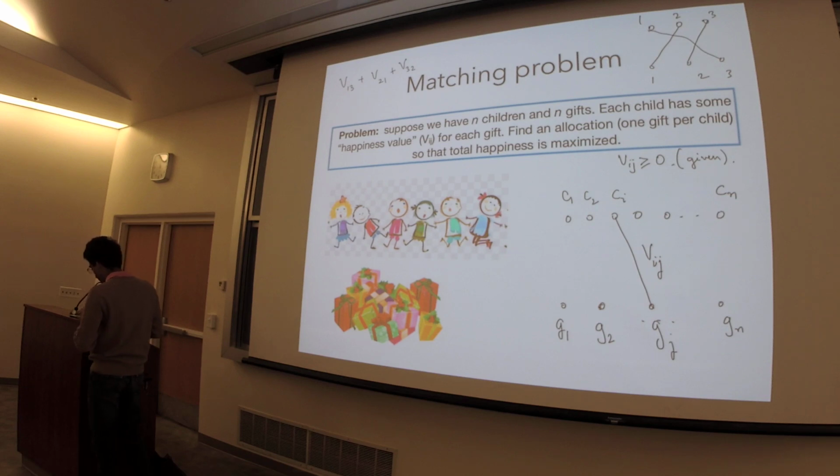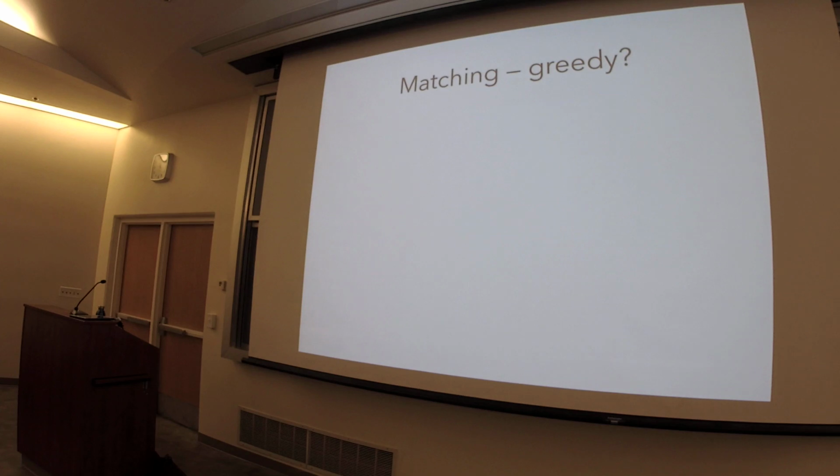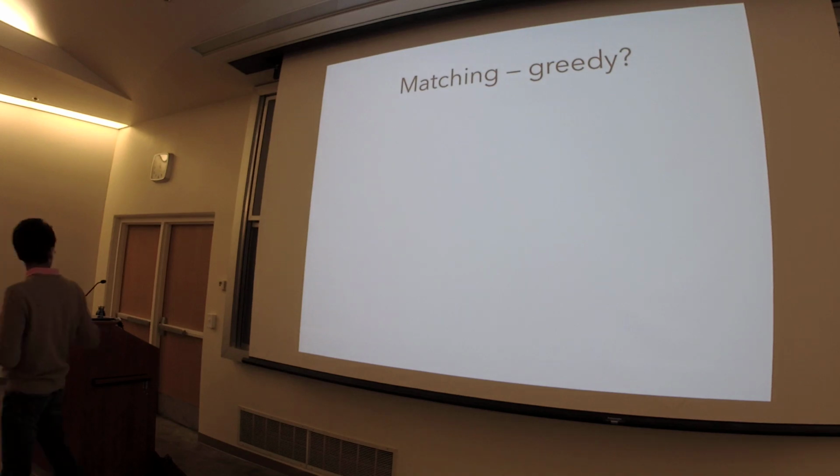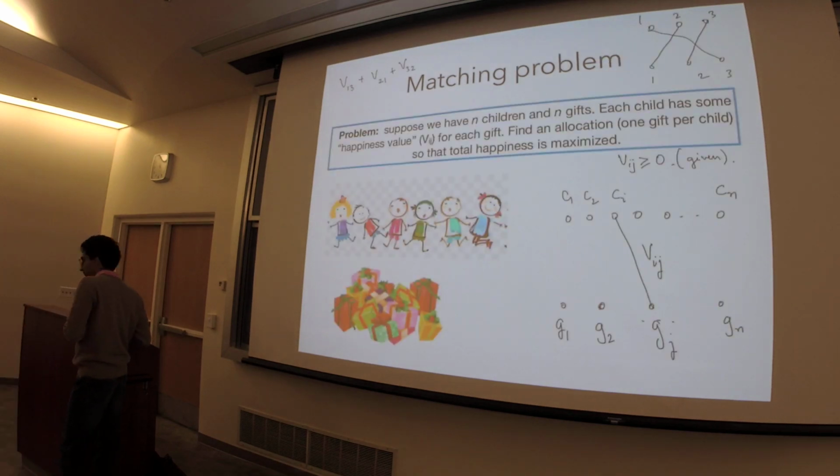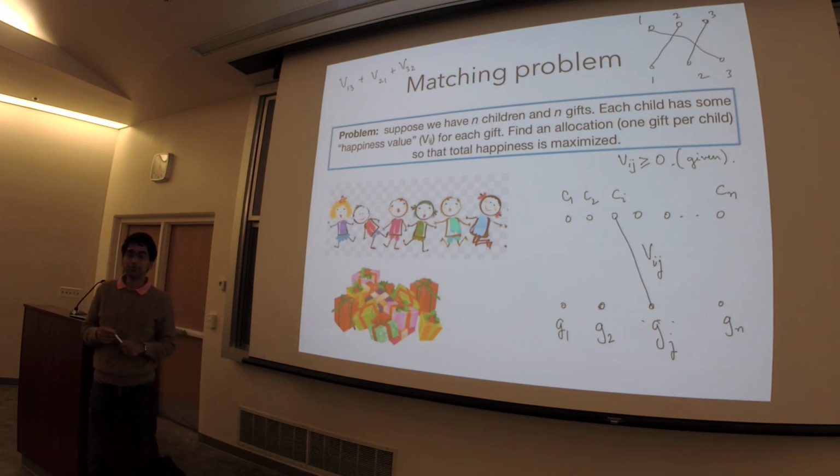Now when you see this, I guess the natural instinct is to come up with a greedy algorithm. How would you try to do this matching if one were to give you this problem?